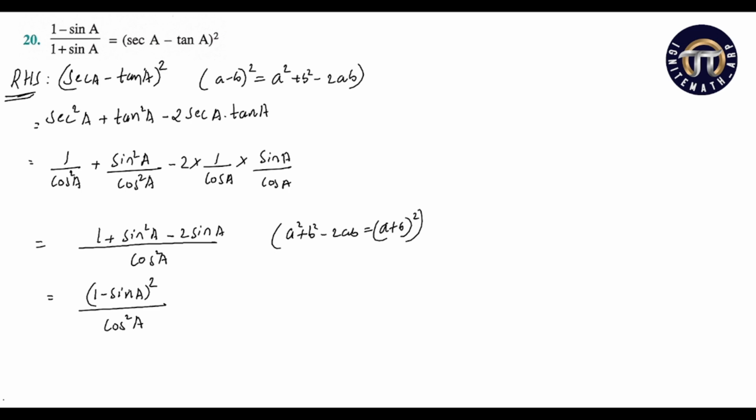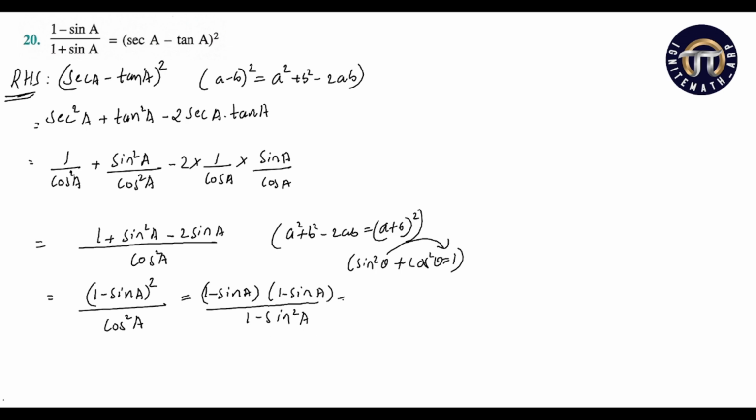So next I can write this as 1 minus sine A into 1 minus sine A, because the power of 2 is there, divided by 1 minus sine square A. Why is it so? Because sine square theta plus cos square theta is equal to 1, so cos square theta is equal to 1 minus sine square theta.